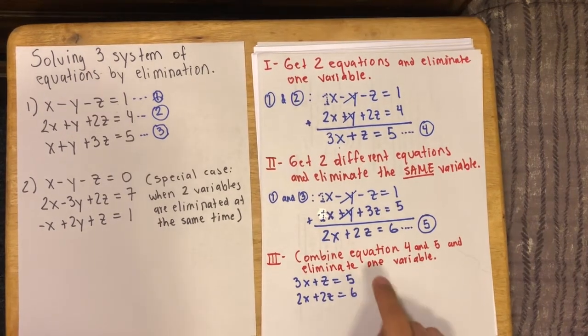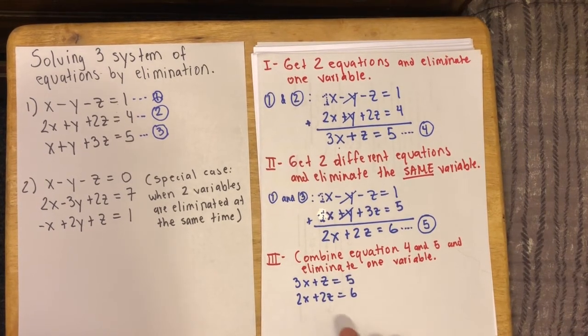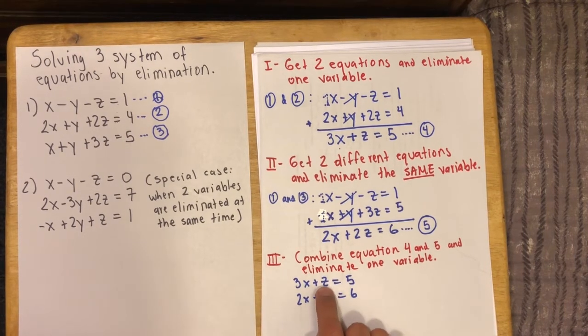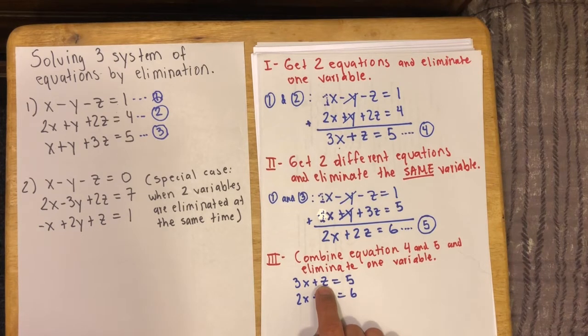Let's eliminate one of the variables. Remember, in order to eliminate variables, they both have to be the same number, but one has to be positive and the other negative. For example, if I want to eliminate z, this is 2z, so I have to make this one negative 2z by multiplying the whole equation by negative 2.